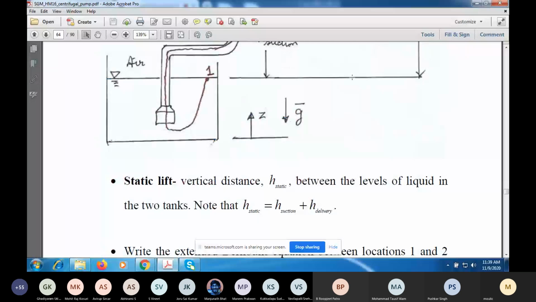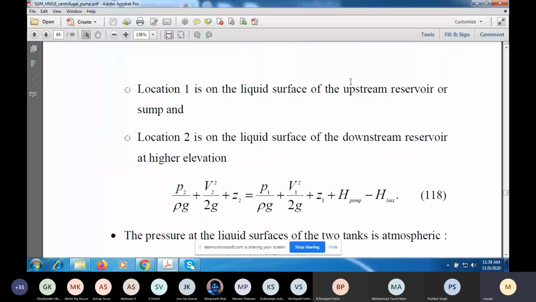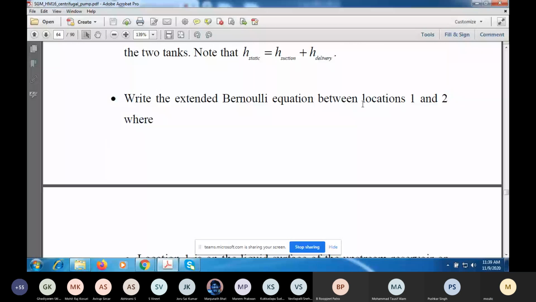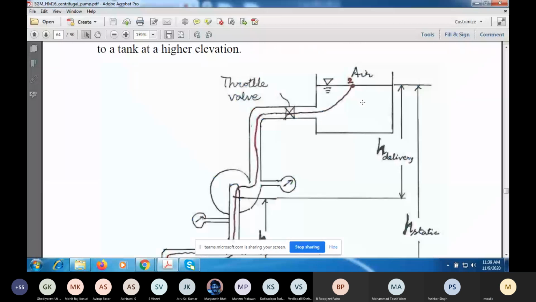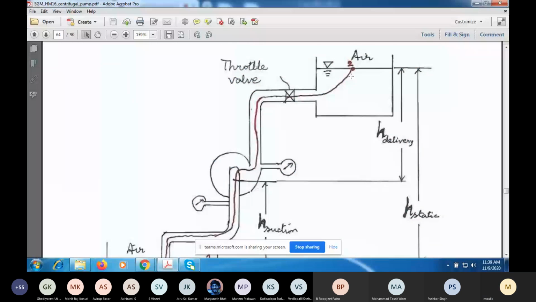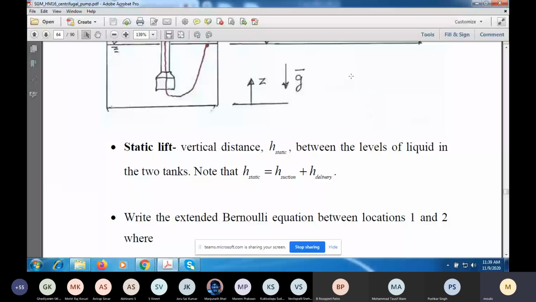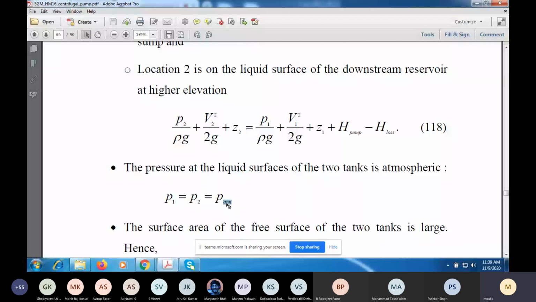Okay. Then the total mechanical energy at point 2 will be the total mechanical energy at point 1 plus the energy you're adding by the pump, the head pump, minus the head loss. Now, both 1 and 2 are exposed to the atmosphere, so P1 and P2, those pressures at 1 and 2, will be equal to the atmospheric pressure. So the first term on the left hand side and the first term on the right hand side will cancel out.